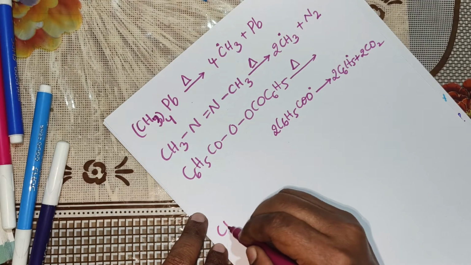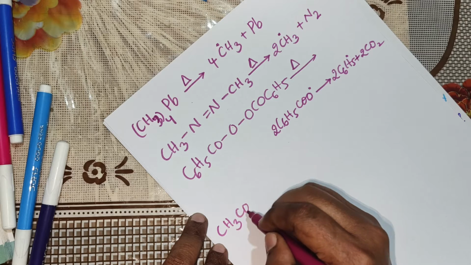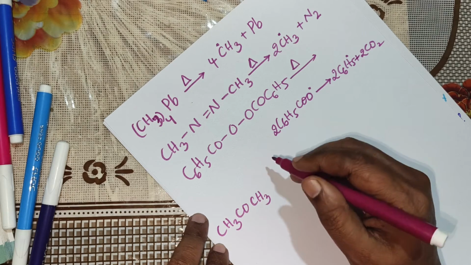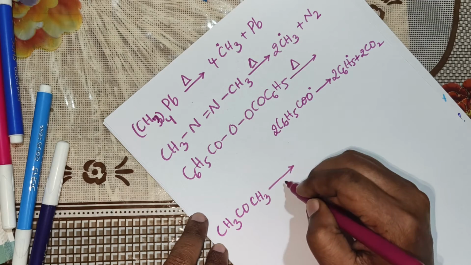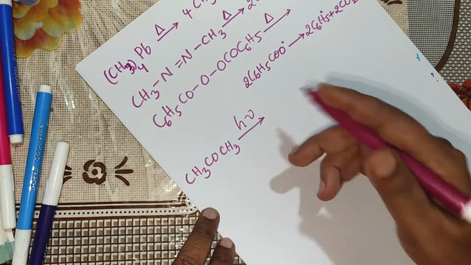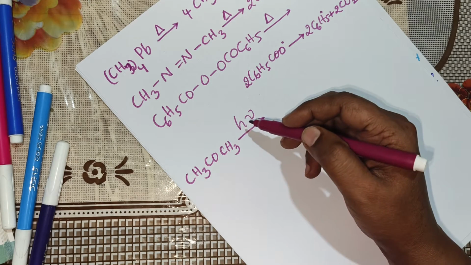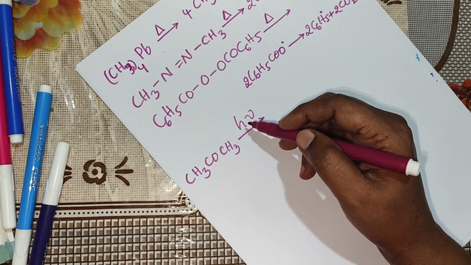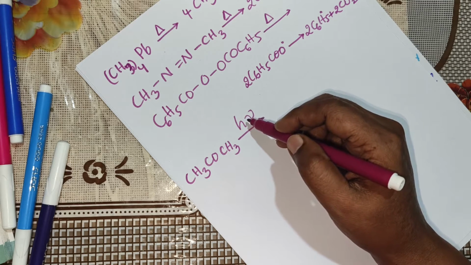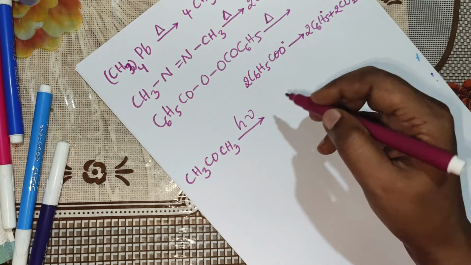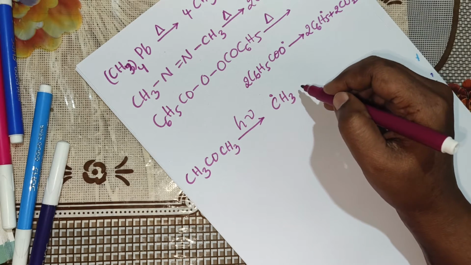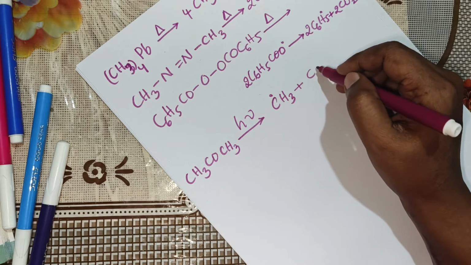Next one, CH3COCH3. Upon exposure to sunlight, h nu, sunlight contains UV rays. UV rays are responsible for the homolytic cleavage. That's why it is called photochemical, whereas the earlier one was thermal.